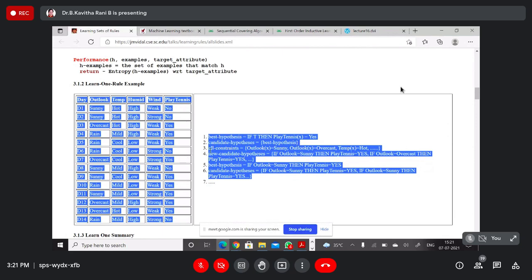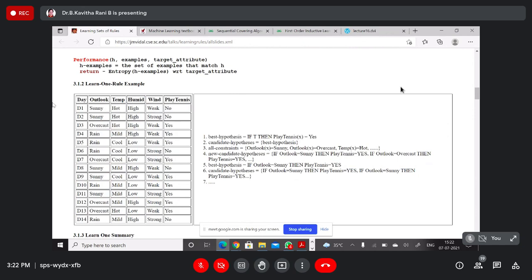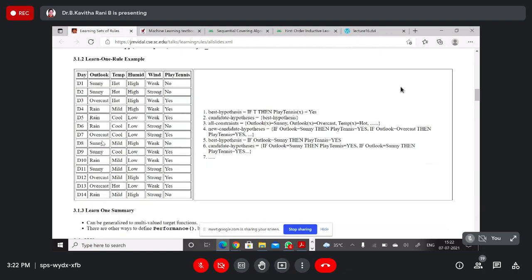We are generating the rules with all constraints, applying all conditions here: outlook of x is equal to sunny, outlook of x is equal to overcast, temperature of x is equal to hot. Likewise we are considering all the conditions. Now if outlook is equal to sunny, then play tennis is equal to yes. If outlook is equal to overcast, then play tennis is equal to yes. Likewise we are generating different types of rules with this particular data set.